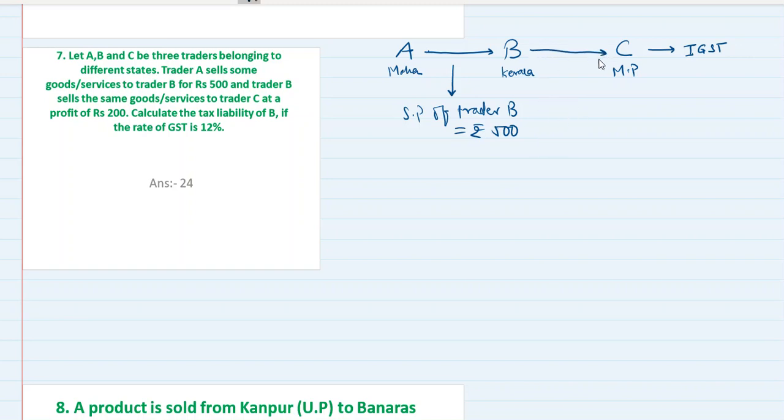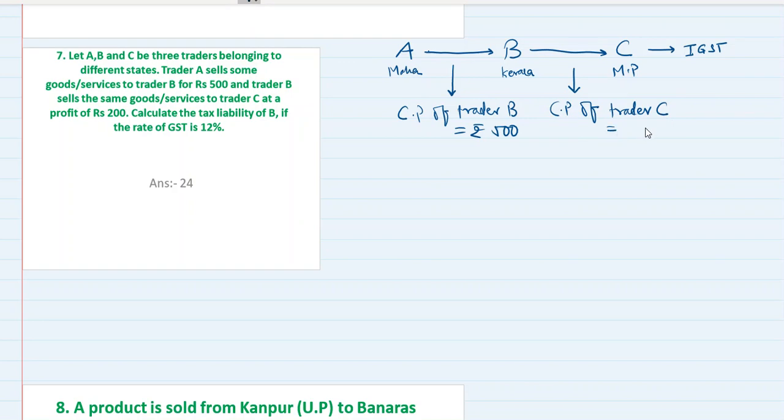So trader B sells the same goods to trader C at a profit of 200. Actually I should have written cost price over here, cost price of trader B, and here also I should have written cost price of trader C.